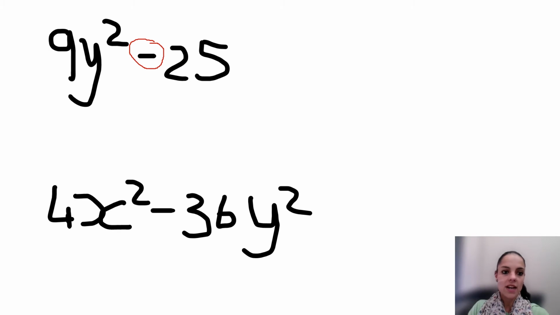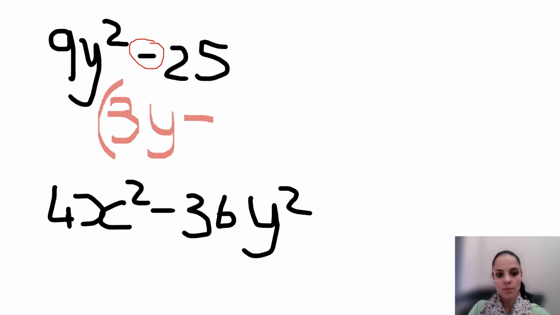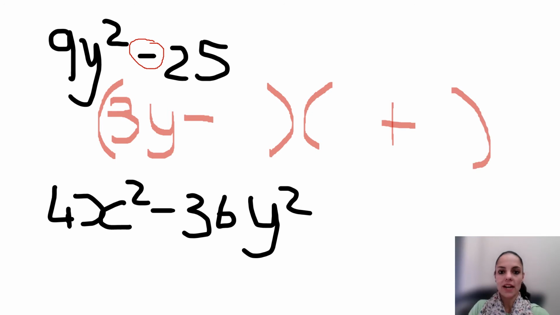What is the square number of 9? Square root, it is 3. Y, it will be y because there's a squared. Then I always start with a negative, but you could also put a plus as long as one bracket has a negative and one bracket has a positive. Let me just show you. You will always have the one bracket with a minus and the one bracket with a plus.